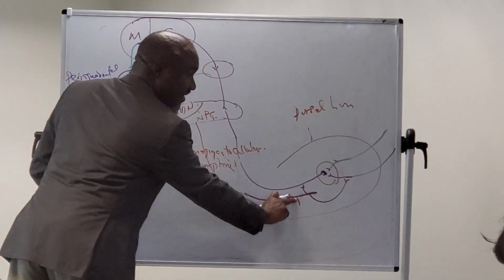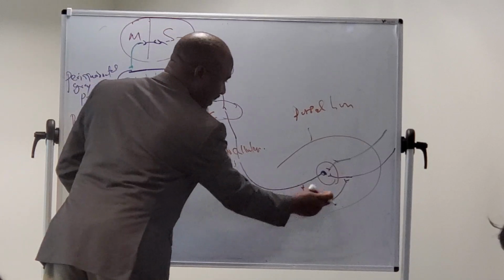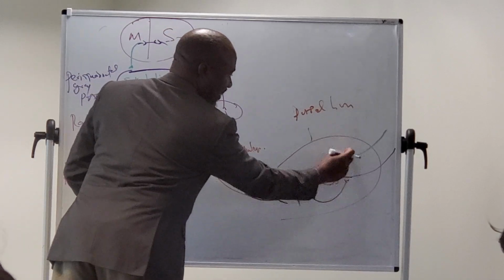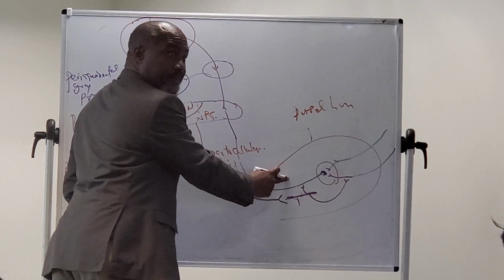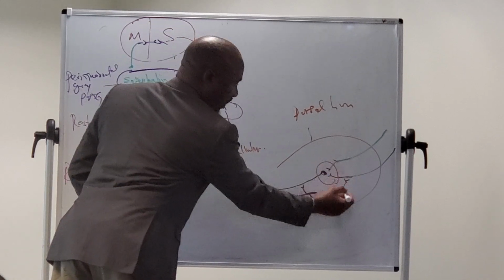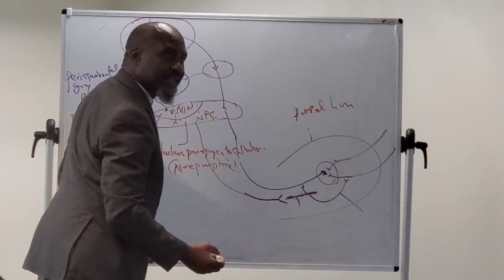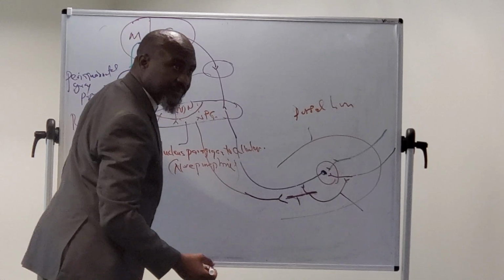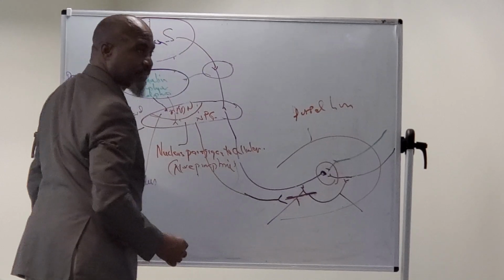When they excite this inhibitory fiber, this inhibitory fiber can inhibit this, or it can also inhibit this. Are you seeing that? So this one will give rise to what we call presynaptic inhibition, and this one will give rise to what? Postsynaptic inhibition.